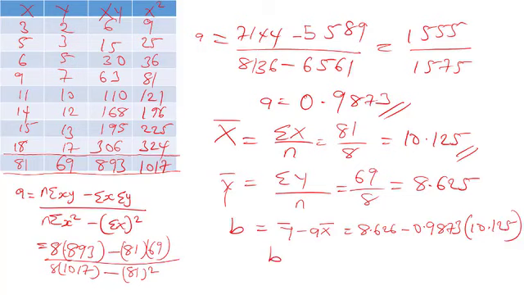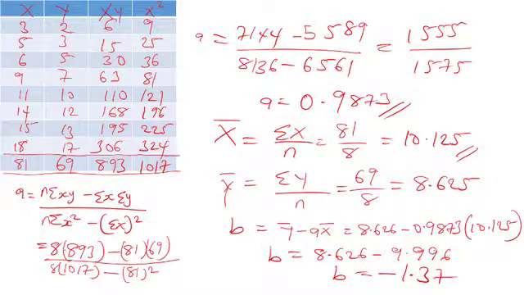So our b becomes 8.625 minus this times this, which will give us 9.996. So the value of our b is equal to minus 1.37.